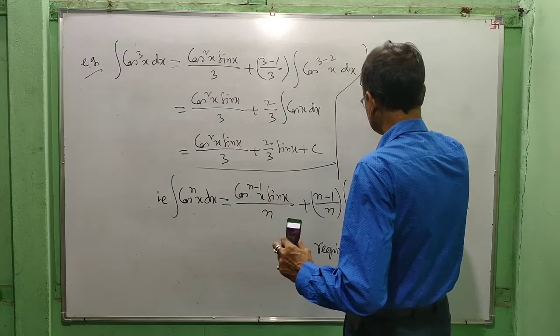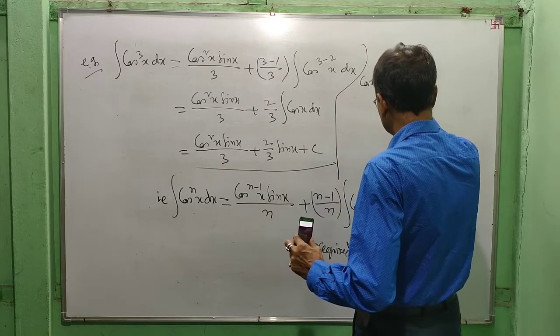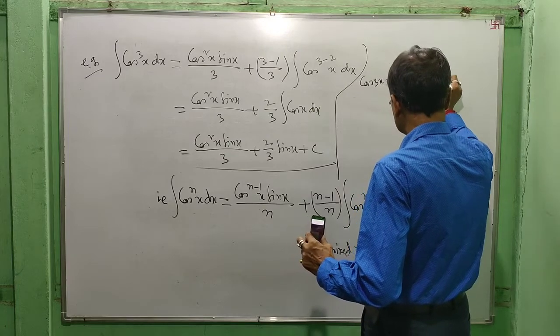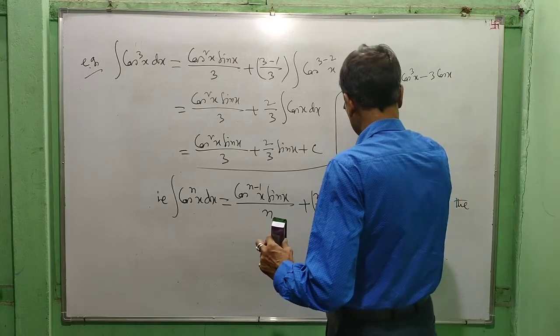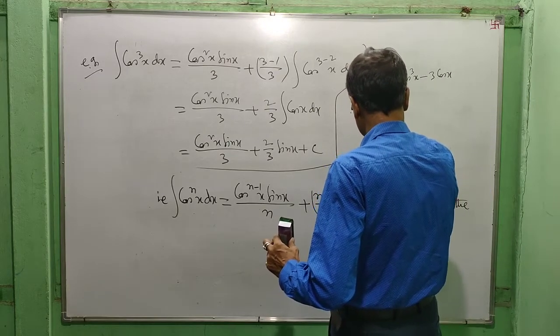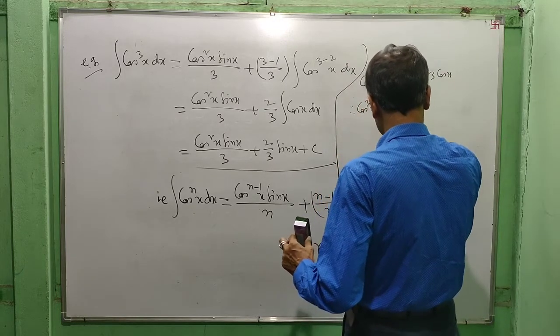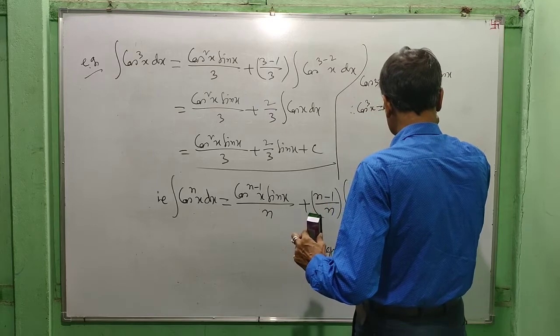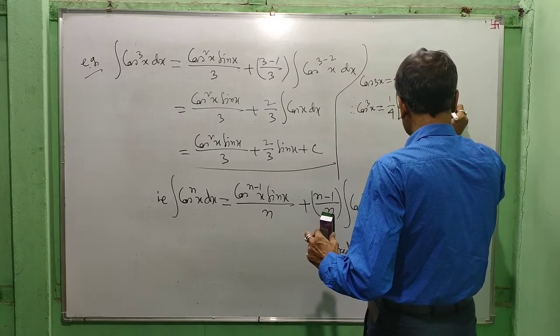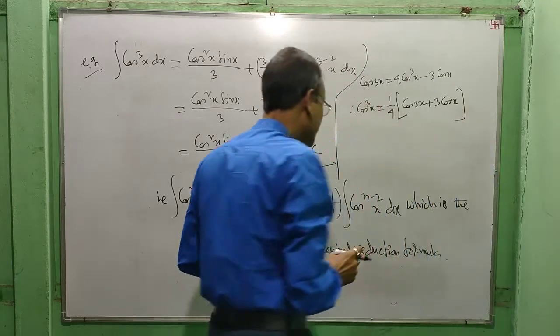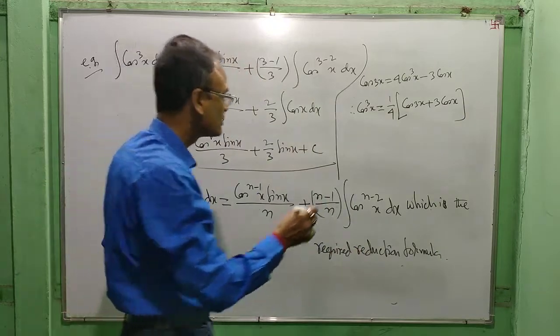We know that cos 3x equals 4 cos cube x minus 3 cos x. Therefore, cos cube x will be equal to 1 by 4 (cos 3x plus 3 cos x).